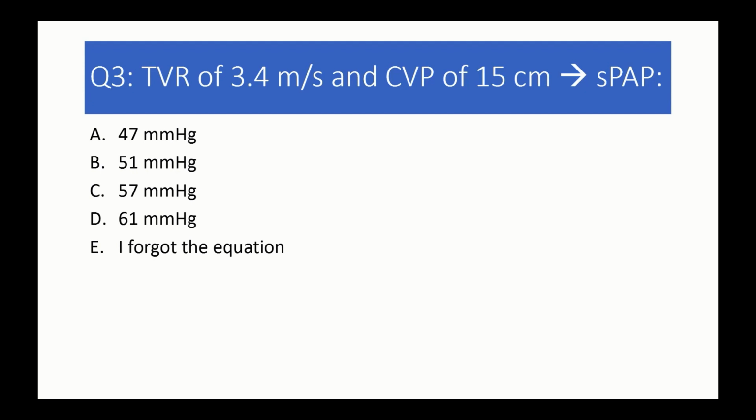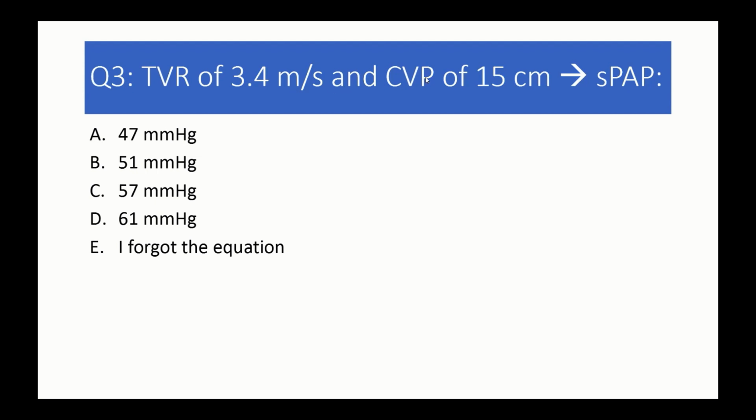Because if you want to add 15 and end up with 61, then you've fallen for the trick, because this measure of CVP is in centimeters, while the tricuspid regurgitant jet predicts the pulmonary artery pressure, the transvalvular gradient in millimeters of mercury.